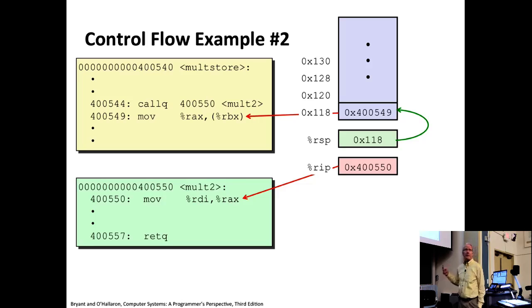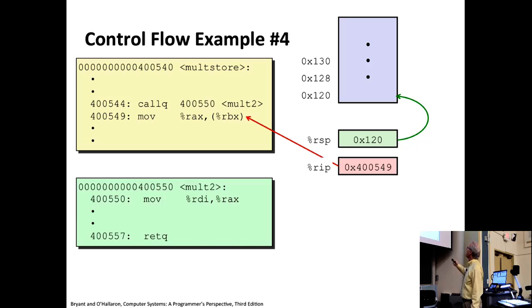Okay, so that shows you the control mechanism, how the call works. Now imagine this mult2 chugs along and hits its return point, this ret instruction. By the way, retq and ret are the same instruction. Its purpose is to reverse the effect of a call. It assumes that the top of the stack has an address that you want to jump to.